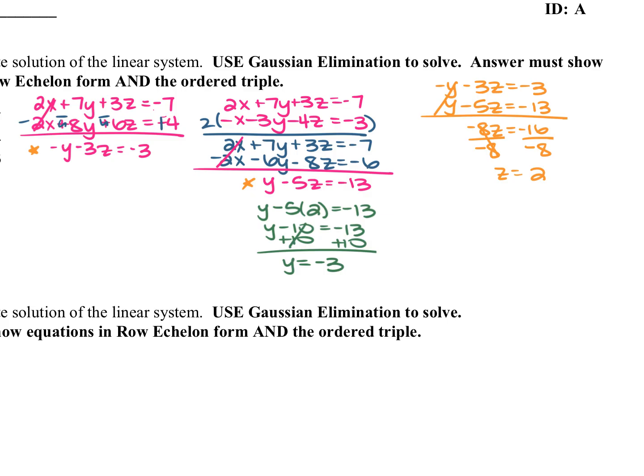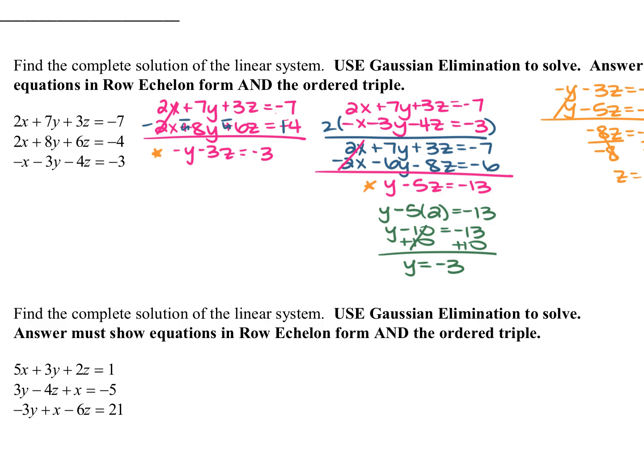From here, you're going to plug in your y and your z and solve for x in one of the original equations. I'm going to use that top equation. So I have 2x plus 7 times y, which we said is negative 3, plus 3 times z, which we said is 2, is equal to negative 7. This gives us 2x minus 21 plus 6 is equal to negative 7.